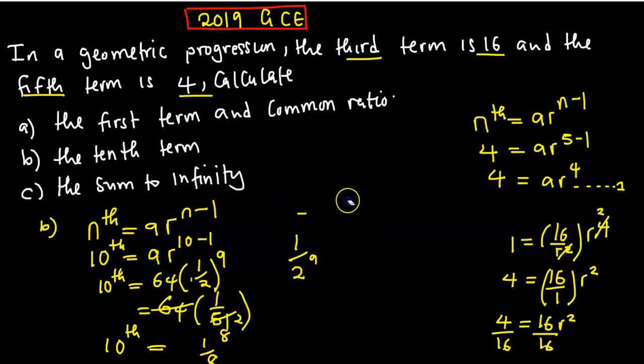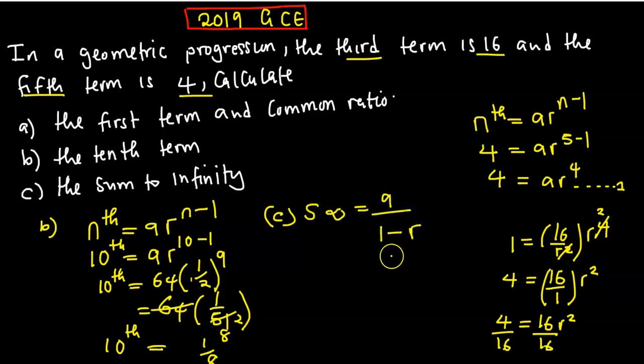Alright. So having found the 10th term, let us go now to the C question. Question C is find the sum to infinity. So sum to infinity is equal to the first term divide 1 minus the common ratio. So the first term is 64, is it what you found? Yes, 64. Then divide 1 minus the common ratio, which is half.